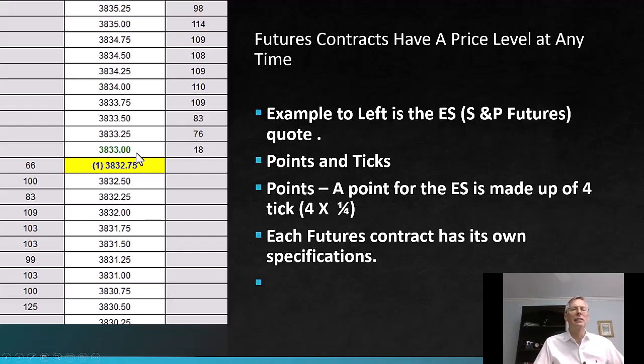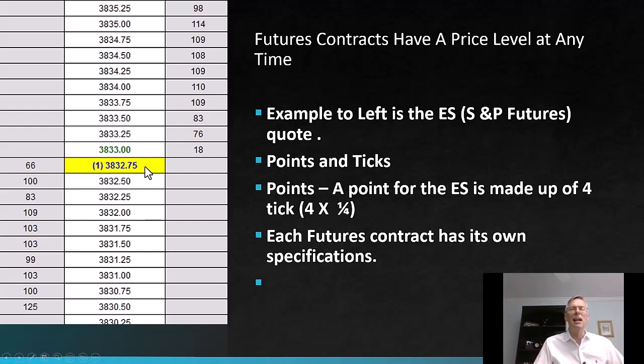Now, these tick values have a specific dollar value associated with that movement as well. On the ES contract, for example, a quarter point move has a $12.50 dollar value. So let's just take an example here.